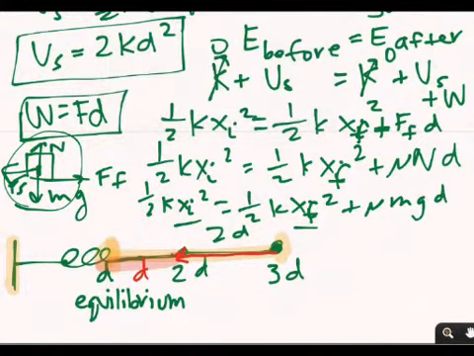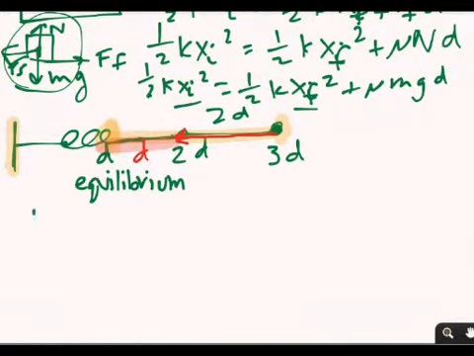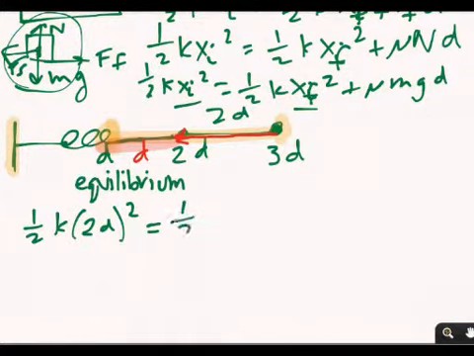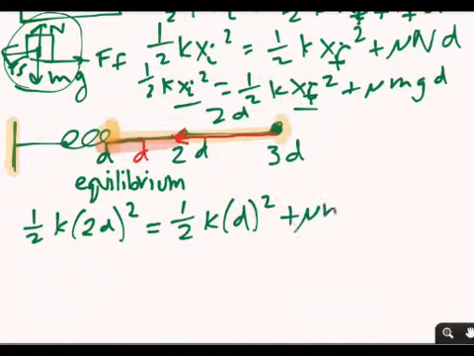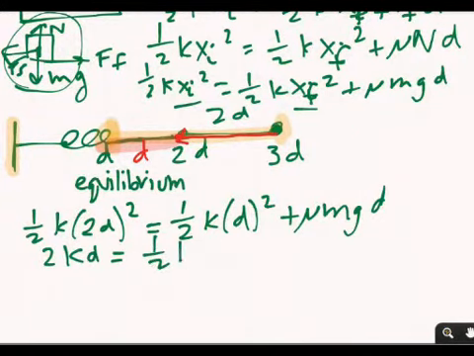So now we can plug those in, and we have 1/2 K. So the initial position we agree is 2D. The final position is D. So this is 1/2 times 4, so 2kd equals 1/2 kd squared.